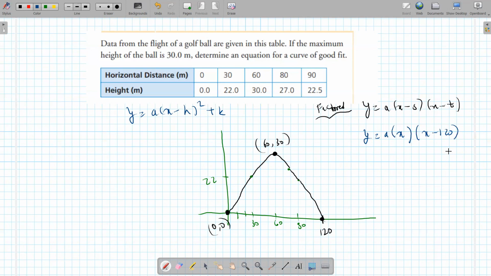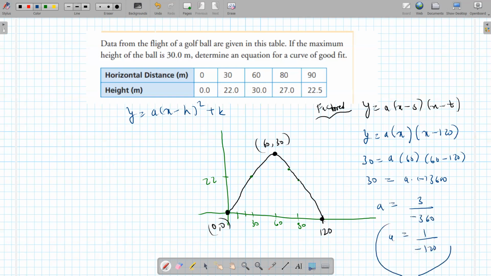The vertex. If you were to plug y as 30 and x as 60, that should give you the a value. So this is a times 60 times negative 60, which is a times negative 3600, equals 30. So a is going to be 3 over negative 360, or 1 over negative 120. That's our a value. Plug that over here, and that's the equation of the curve, okay?